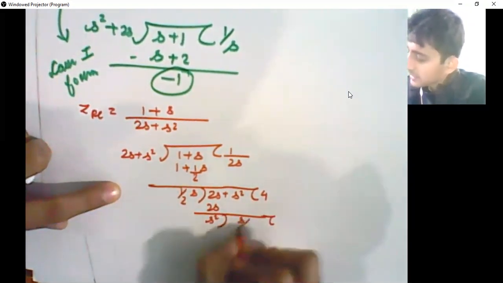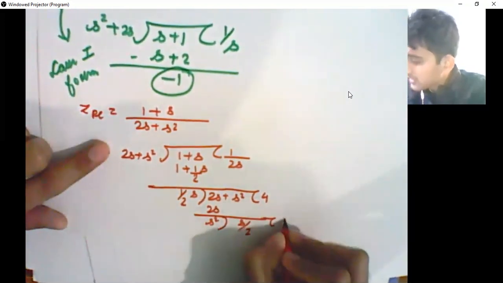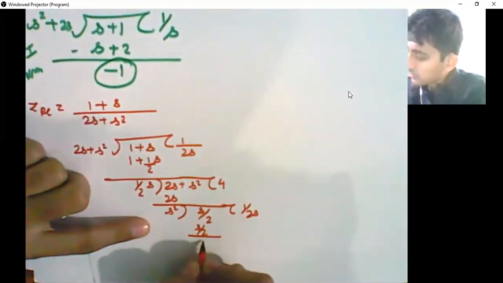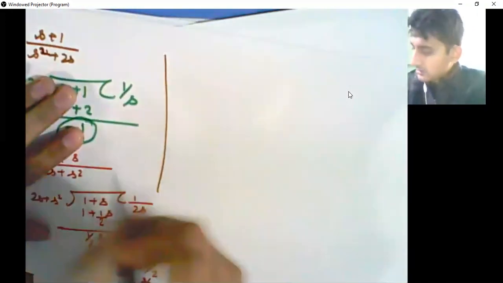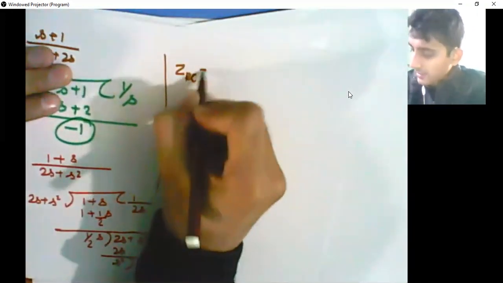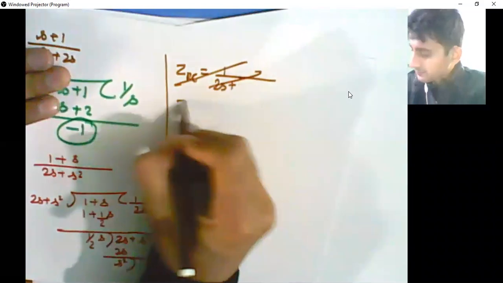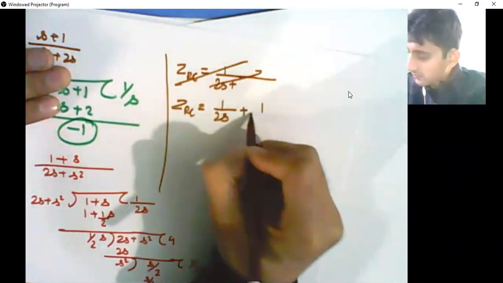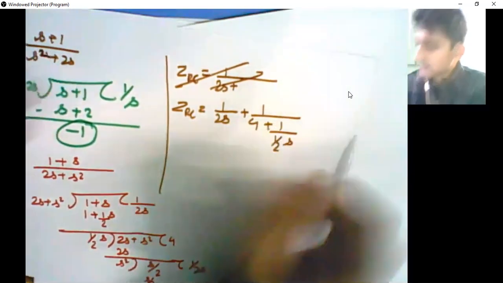Then I have S by 2. इसको multiply करें, ये S by 2 है, तो अगर इसको multiply किया जाए 1 upon 2S से, तो you'll be left with S by 2. Cancel. कुछ भी नहीं बचेगा फिर उसके बाद. So actually जो आपका ZRC था उसको आपने ऐसे expand कर लिया as 1 upon 2S plus 1 upon 4 plus 1 upon 2S.